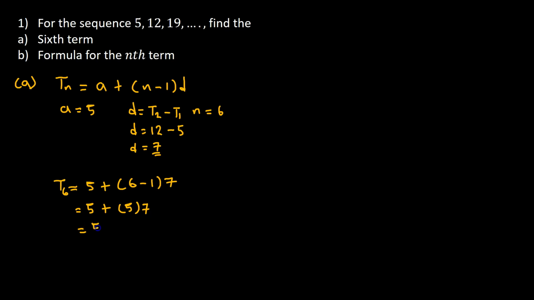So our 60th term is 5 plus 413, which is 418.